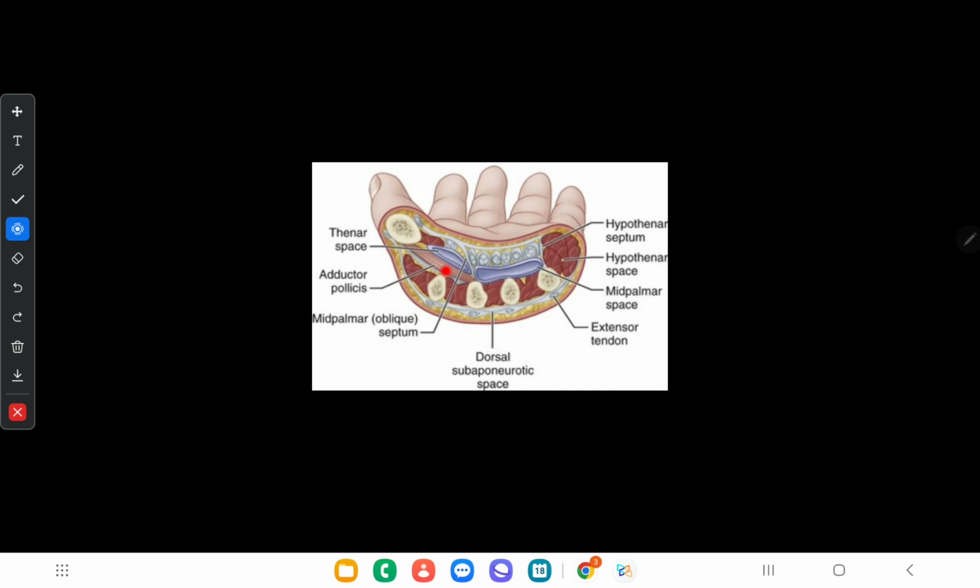The thenar space and mid-palmar space are separated by a fibrous partition. You can see this is the fibrous partition. These two spaces are situated deeply in the palm and they may rarely become distended with pus.